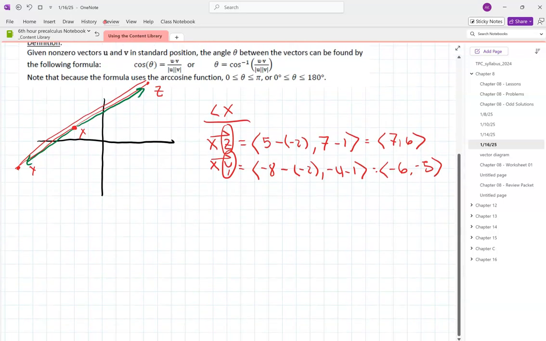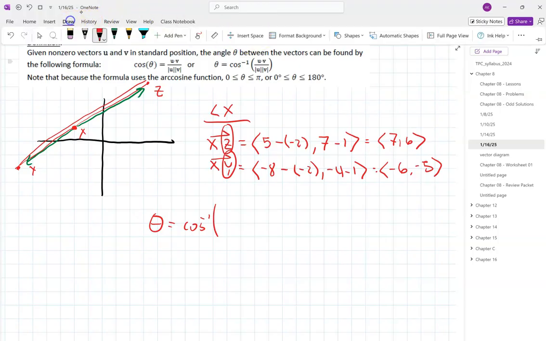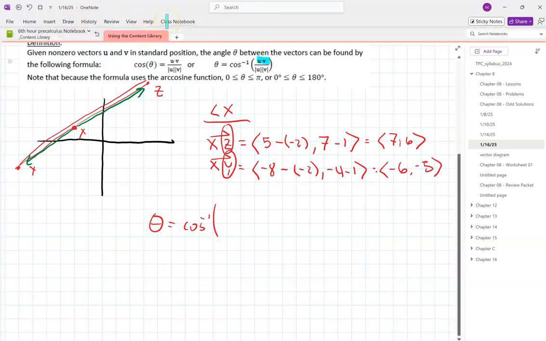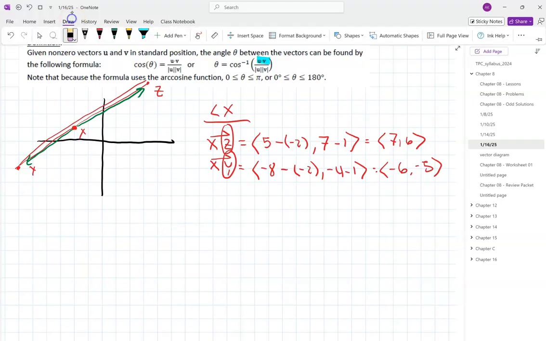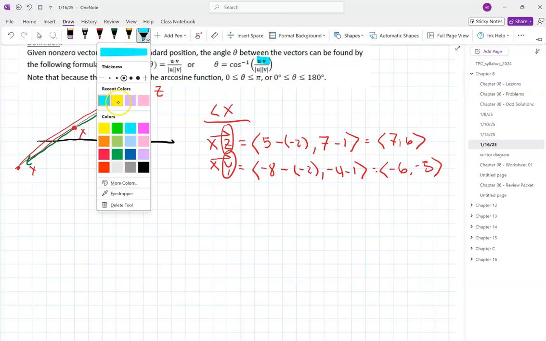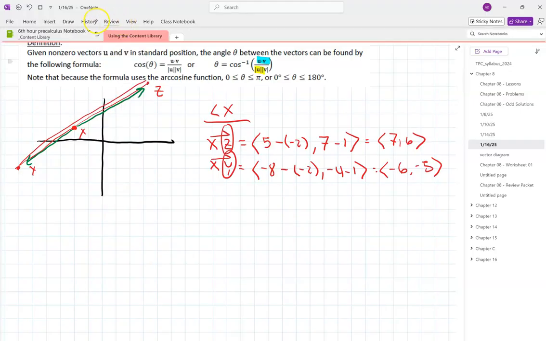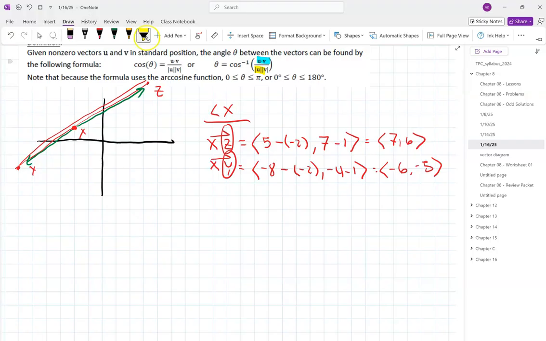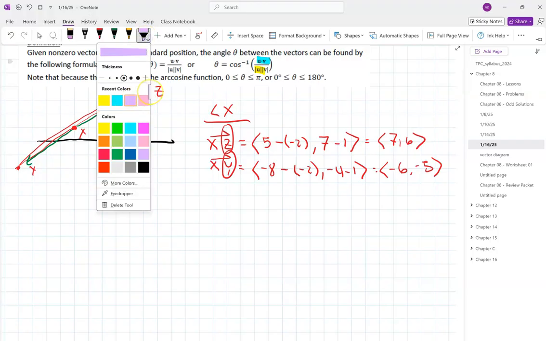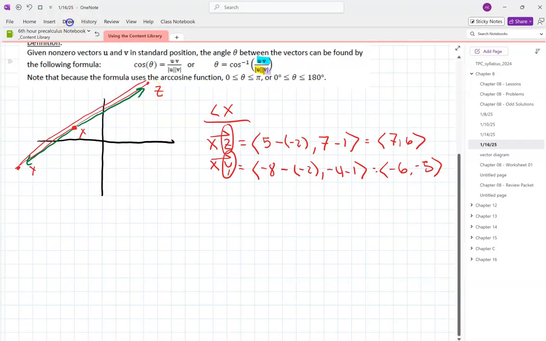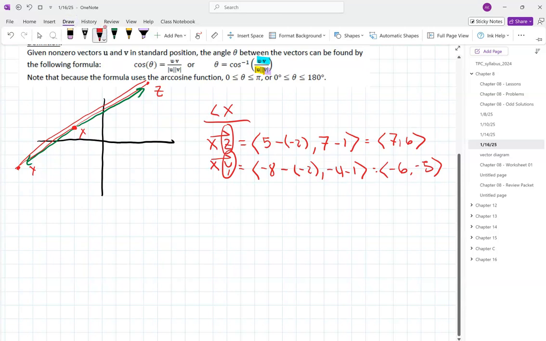Okay, so now that I have that, I can say angle theta is cosine inverse of the dot product of U and V. Well, let's do these all separately, it'll be easier. I need the dot product of U and V, the magnitude of U, and then the magnitude of V.